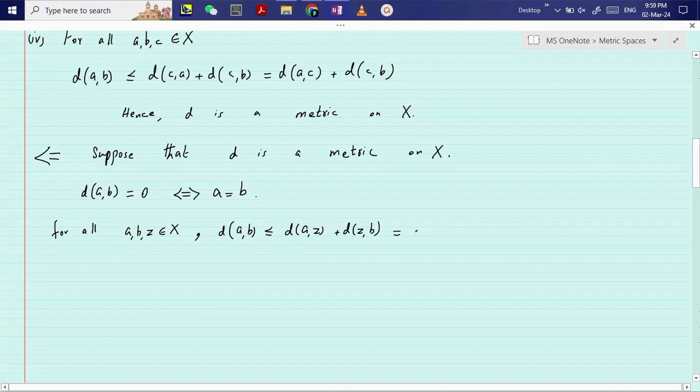And since d is a metric, by symmetric property, d of AZ is equal to d of ZA, and thus d of ZB. So this is the second condition, that d of AB is less than or equal to d of ZA plus d of ZB. Hence we have proved the converse here. So this completes the proof.